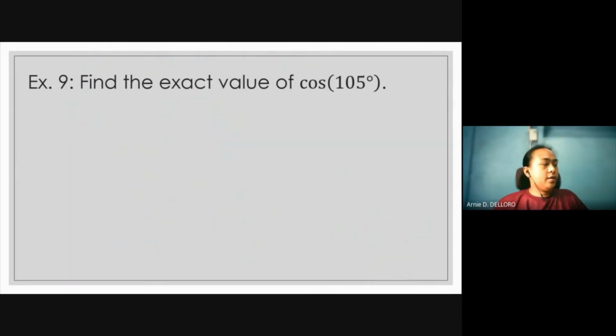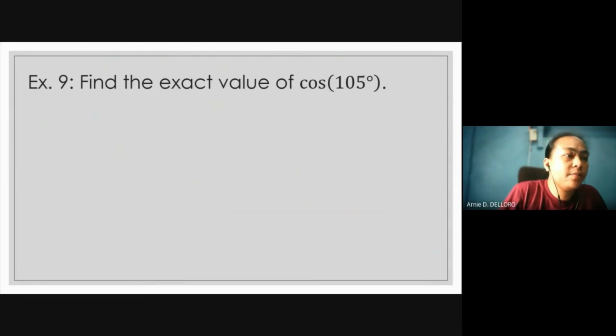Yung cosine 105. So, find the exact value of cosine 105. So, the same lang, express nyo yung value or yung degree using the special angles. Okay?